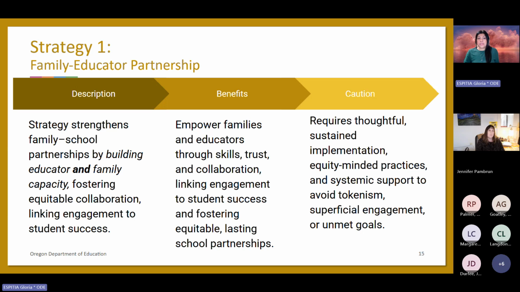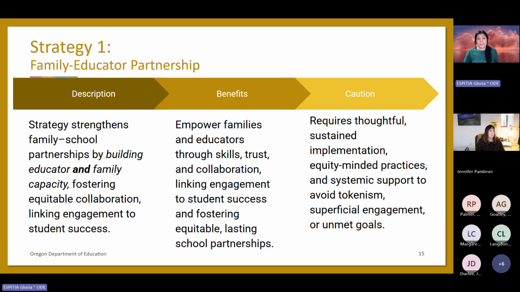By honoring families' knowledge and cultural perspectives and aspirations for their students' education, educators can collaboratively develop instructional decisions that reflect those shared responsibilities.